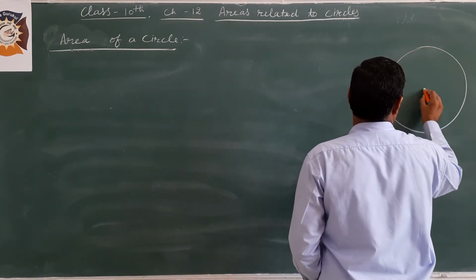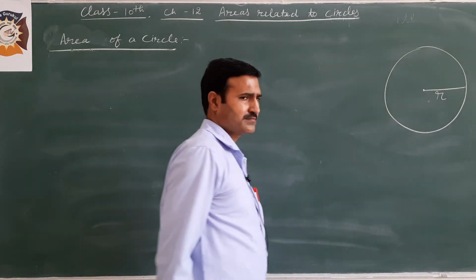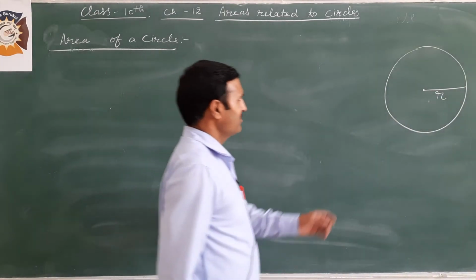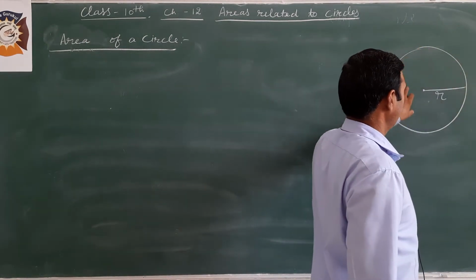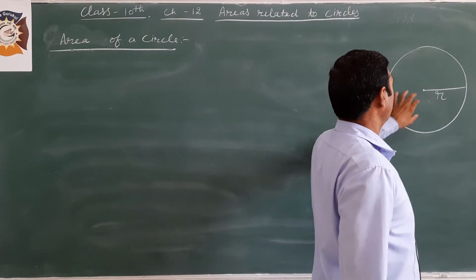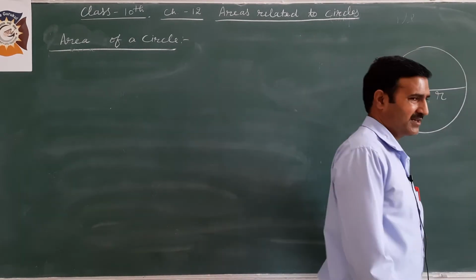If a circle of radius r is given, the whole region inside its boundary is the area of the circle. The region inside its boundary will be the area of this circle.